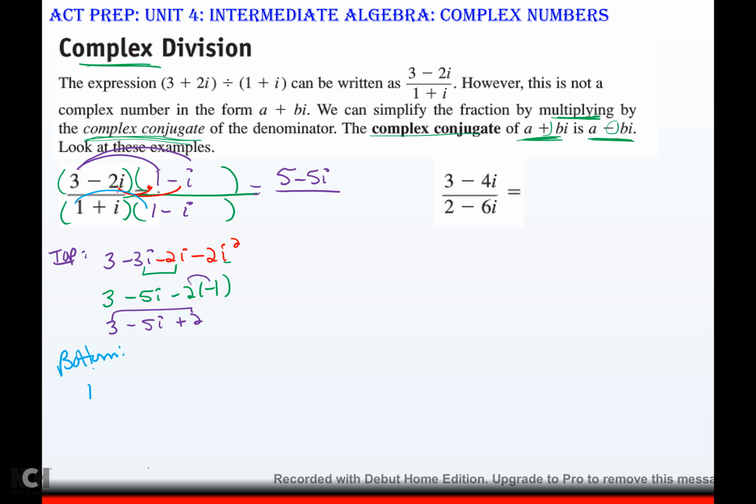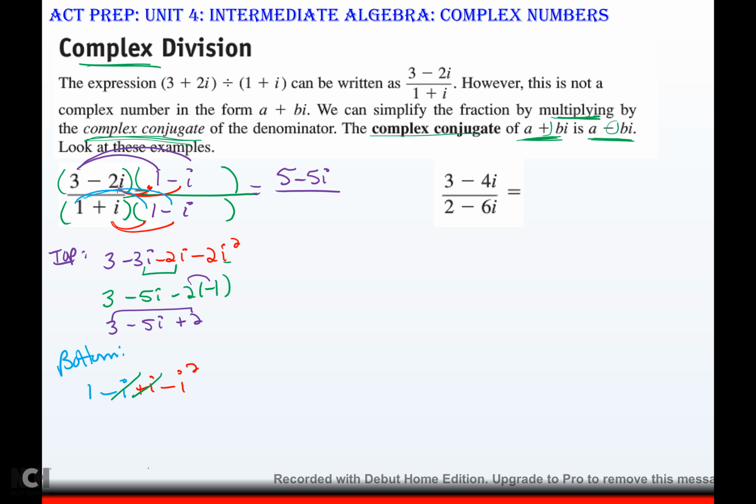1 times 1 is 1. 1 times negative i is negative i. Positive i times 1 is positive i. Positive i times negative i is negative i squared. And look what happens. This always happens when you multiply conjugates with complex numbers. The two i's in the middle will always cancel.